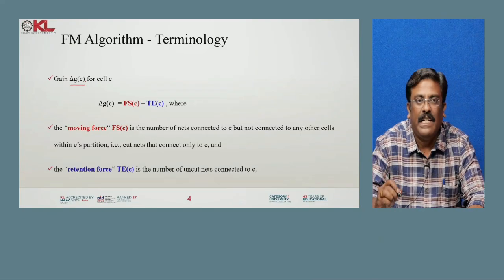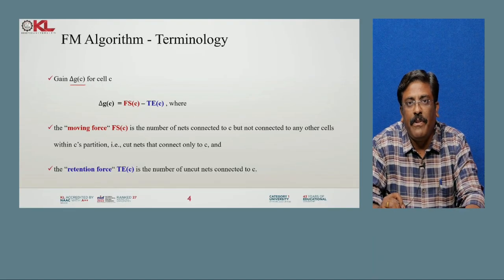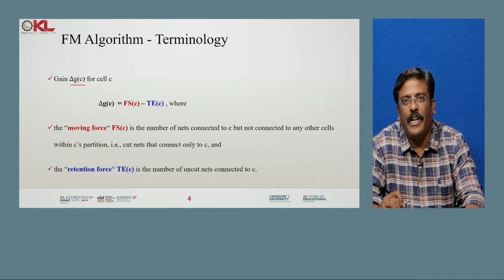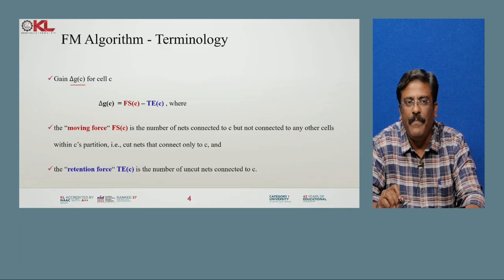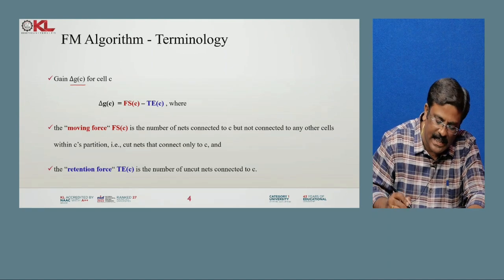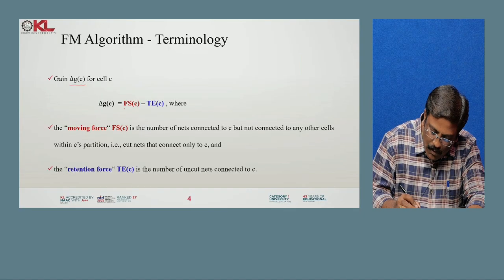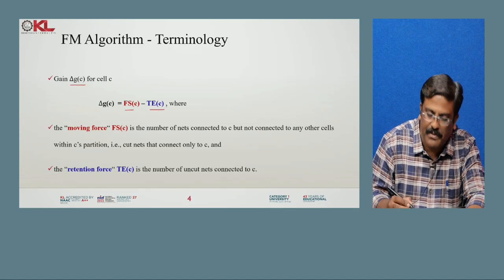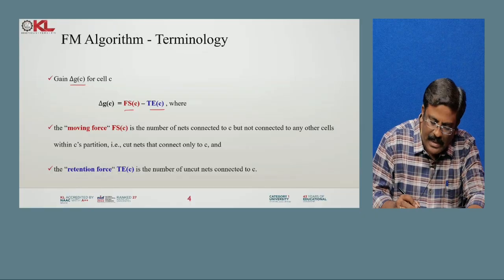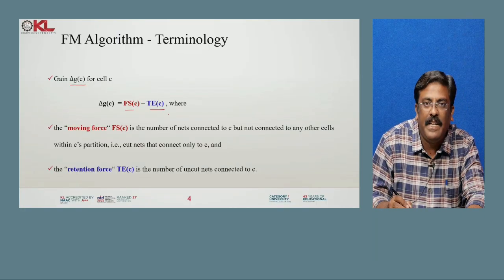Gain del G of every cell means that irrespective of the position of nodes in the hypergraph, either in partition A or partition B, we have to calculate an initial gain value, indicated as del G by the formula del G of C is equal to the moving force minus the retention force. The moving force is written as Fs of C, and the retention force as T of C.